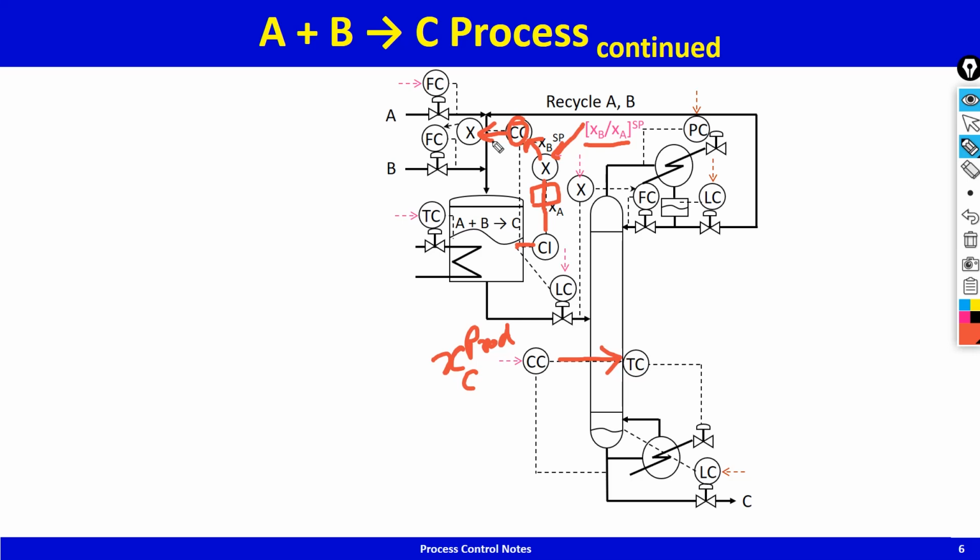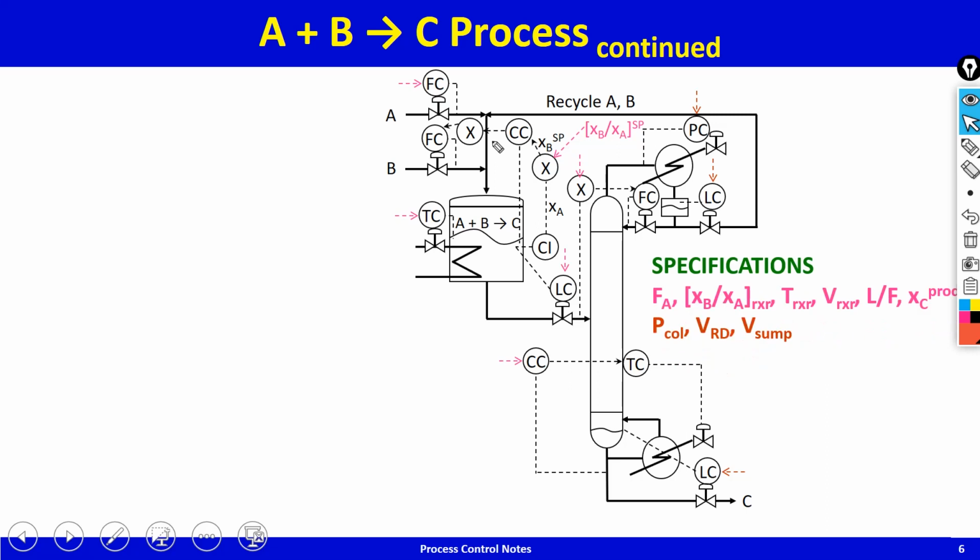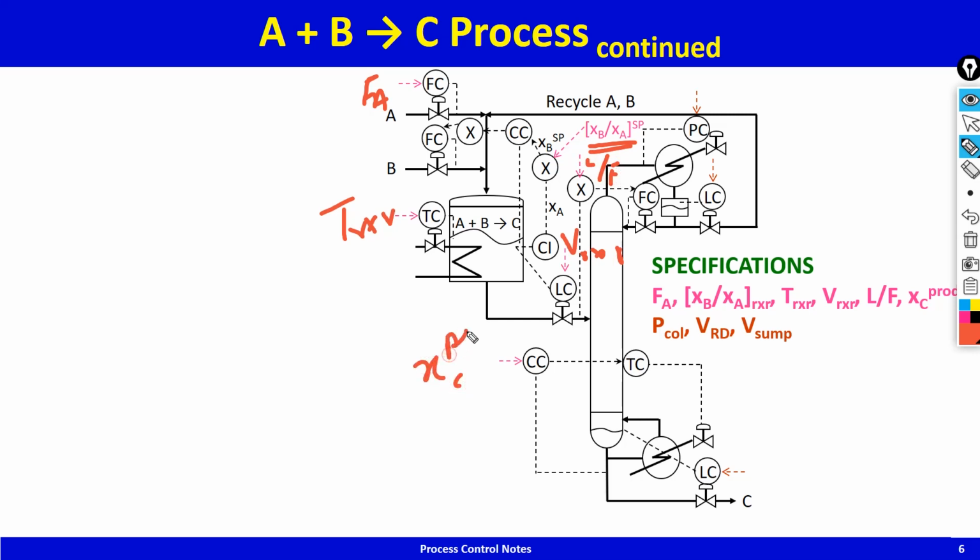So these are the two additional loops that we put in, and for this case the specifications are as before: FA, sorry about the color, XB by XA for the reactor, T reactor, V reactor, L by F over here, and XC product.